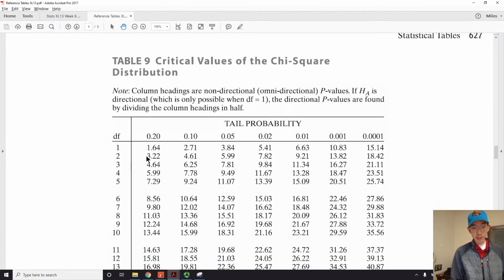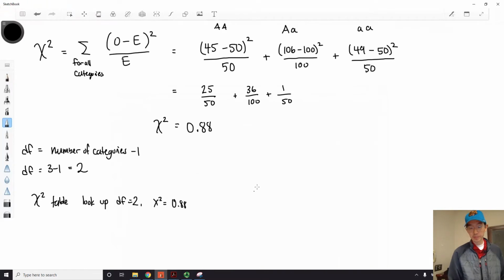With 2 degrees of freedom, 0.88 is smaller than my first number, 3.22. So my tail probability is greater than 20%.